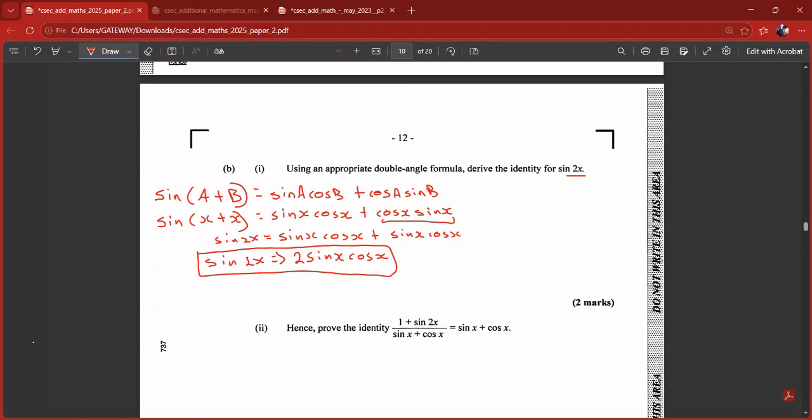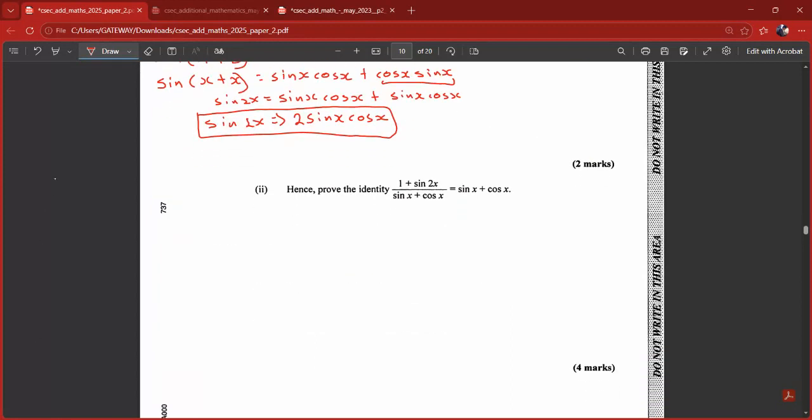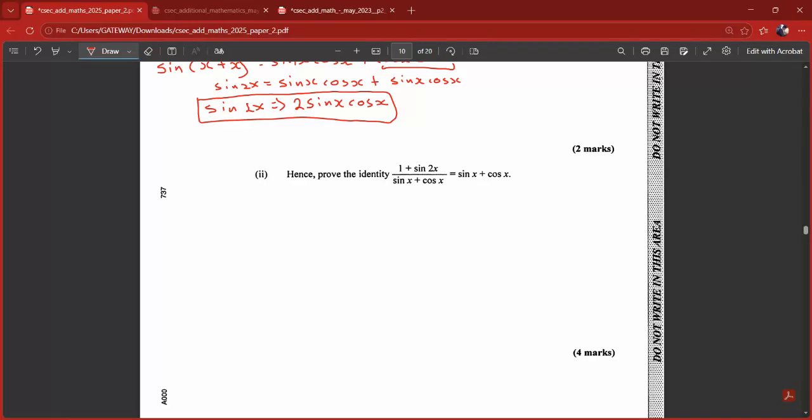Right. And then let's say prove this identity here. To prove that identity, I would use the left hand side. So let's say hence, right? Since it says hence, I could use the answer from above and substitute it here. I want to write everything in terms of sine and cosine.